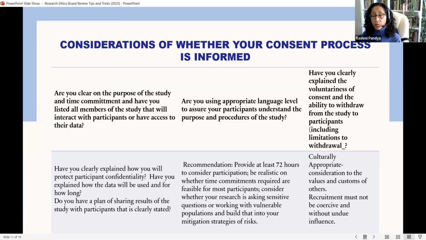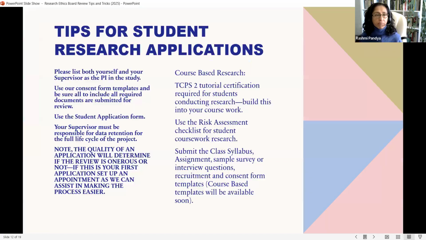Please make sure you're using culturally appropriate language, but also processes, and that you take into account the values and customs of others. Particularly within a university context, if your faculty are recruiting students, please be aware and account for in your application and recruitment process that you want to make sure there's not a perception of coercion or undue influence to participate. So just build that into your research design.